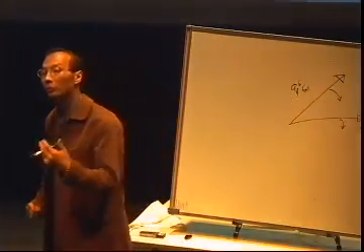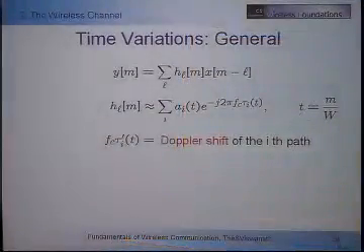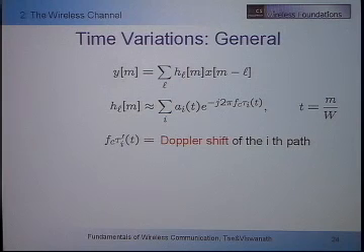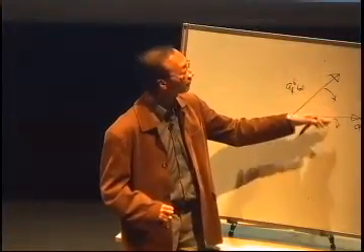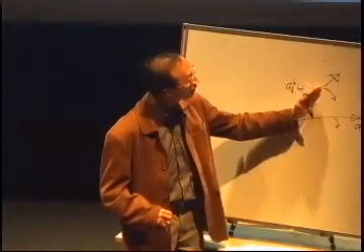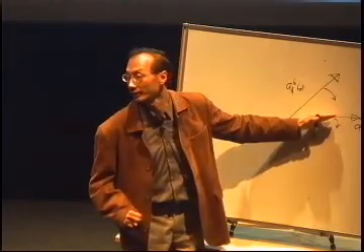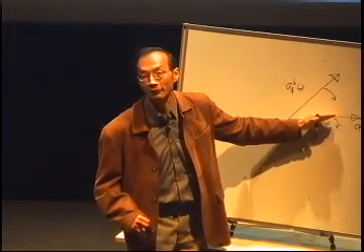So the reason why we have channel variation is because these two guys are rotating at different speed. In other words, different paths, if they have different Doppler shifts, then what happens is that suppose this one rotates faster than this one, then when this one becomes aligned with this guy, what do we have?